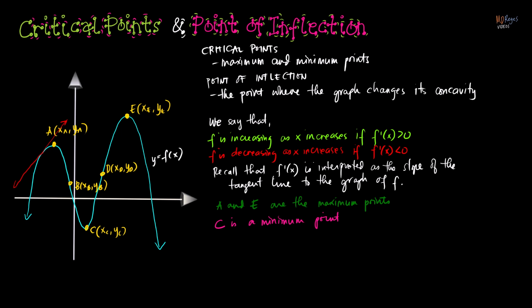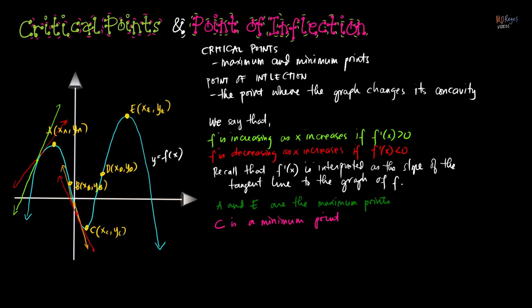Let me draw another tangent line on the left side of point A. Now the green line is another tangent line on the left side of point A, which is a maximum point. Again, it is inclined to the right, therefore it has a positive slope. So on the left side of point A, all the tangent lines have positive slopes because f is increasing on the left side of a maximum point.